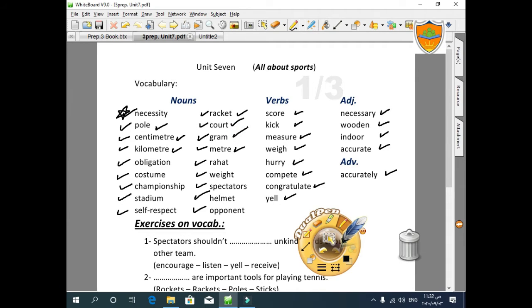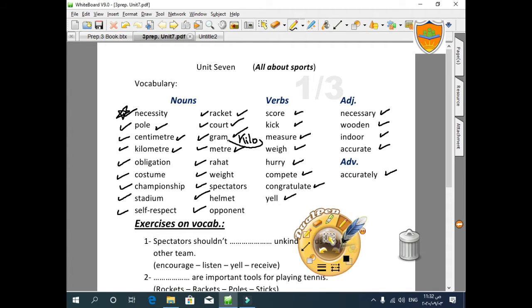Gram is a unit of weight, to know how heavy something is, to put it on scales to know its weight. A gram is a very small unit of weight, and a kilogram consists of 1,000 grams.